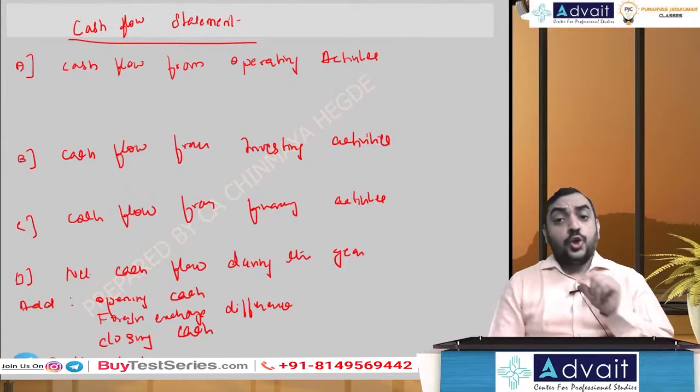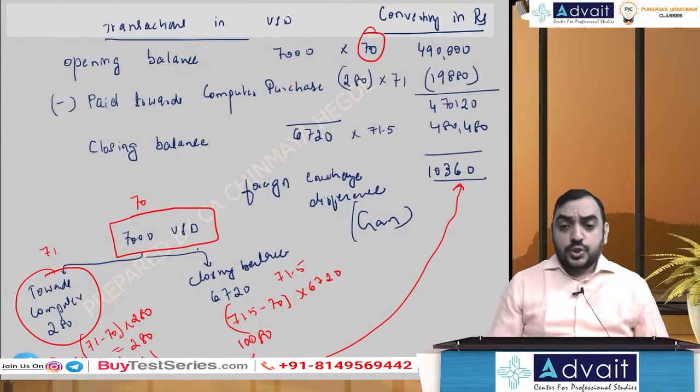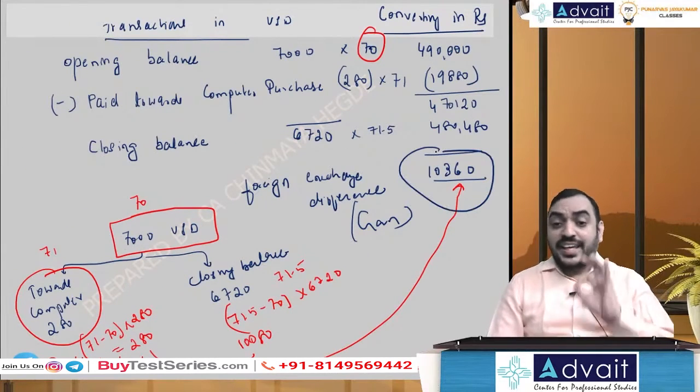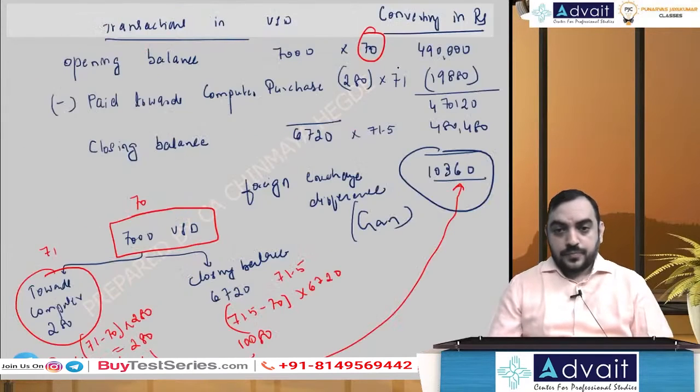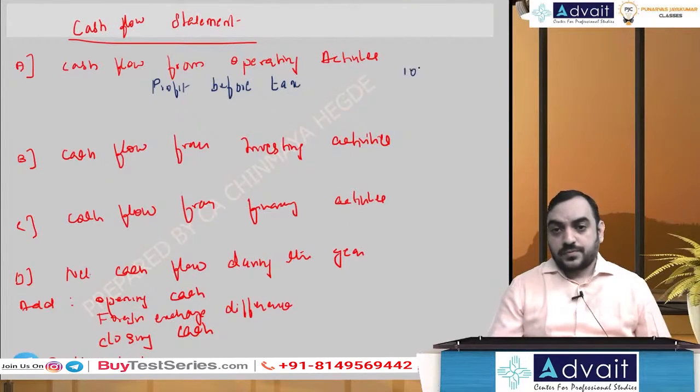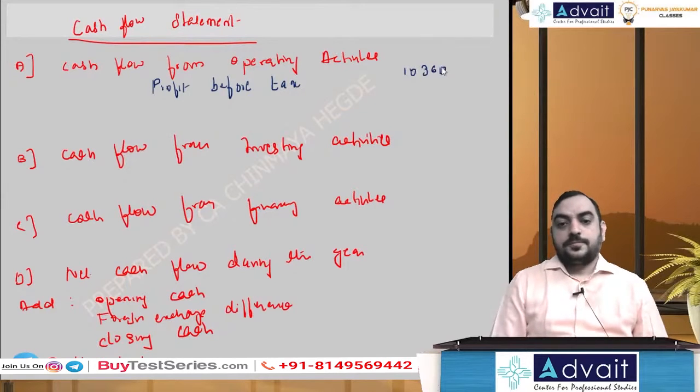Okay, now no other transactions are there. So this 10,360 gain would have been taken to P&L. So if no other information exists, no other transaction exists, when I say profit before tax, 10,360 profit before tax.